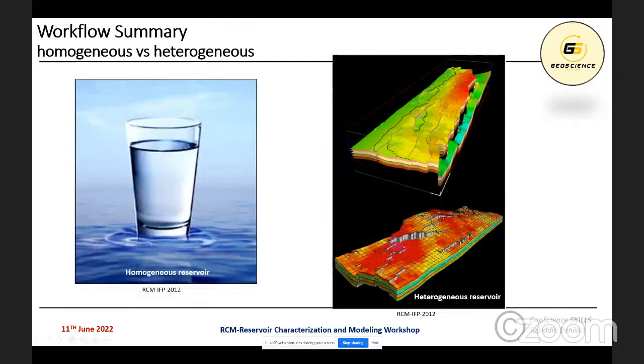Just an example to show the comparison between homogeneous and heterogeneous. Homogeneous is like water. It's a liquid that has certain chemical and physical properties.